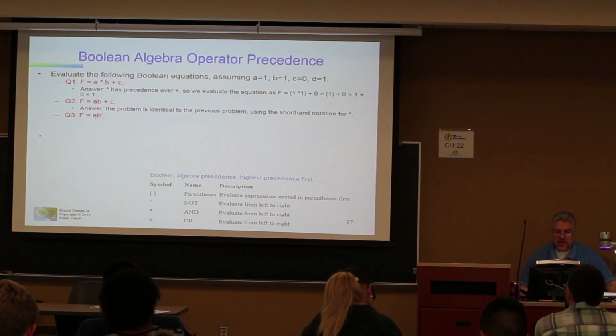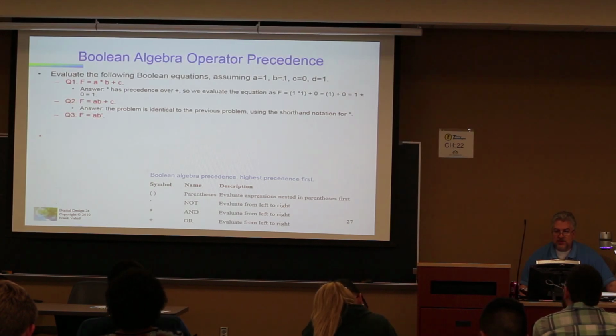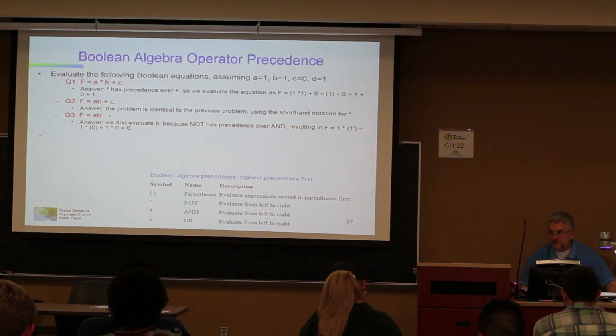So this is A and not B. So in this case, A is 1, B is 1, but not B is 0. So you would say F is equal to 0. And so let's see. Oh yeah, it says the same thing. Phew, good thing. Last thing I want to do is be wrong, right?